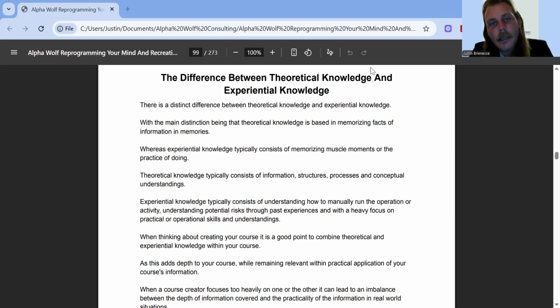So when I'm thinking about experiential knowledge, it's from the first person, my experience. When I'm thinking about theoretical knowledge, it's from the third person. Do you sort of get it? So just realize that, and this will make up the way in which you present information.